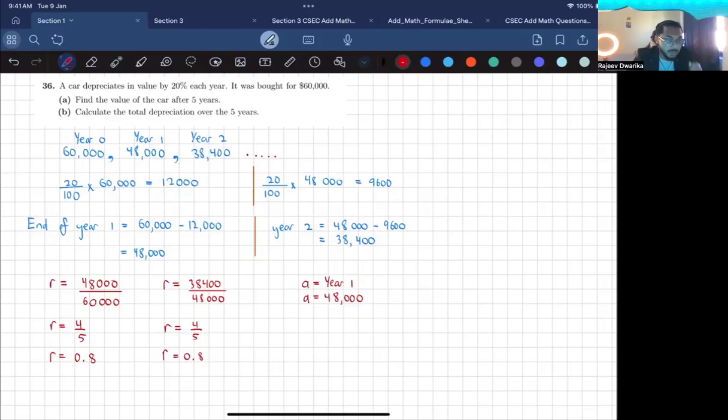What formula do I use anytime I'm dealing with the nth term for a GP? Look at the formula sheet.